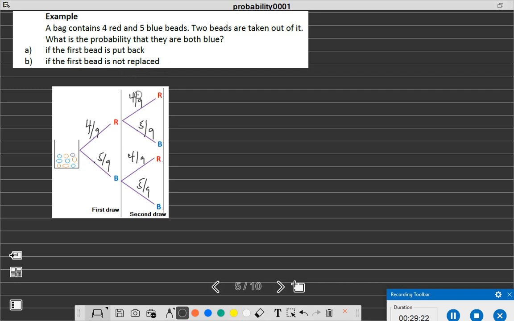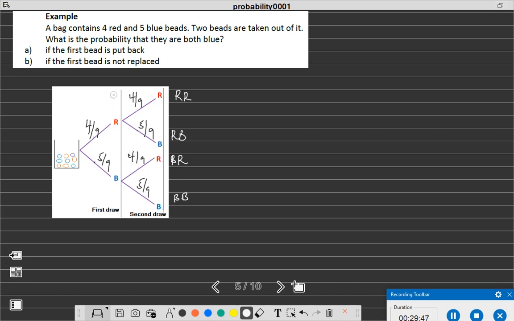Now let us see. What is the probability to pick blue? Now here we have red, red. We have red and red. Here we have red, blue. Here we have blue, red. Here we have blue, blue.